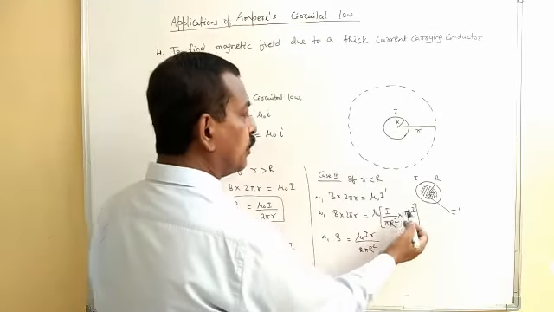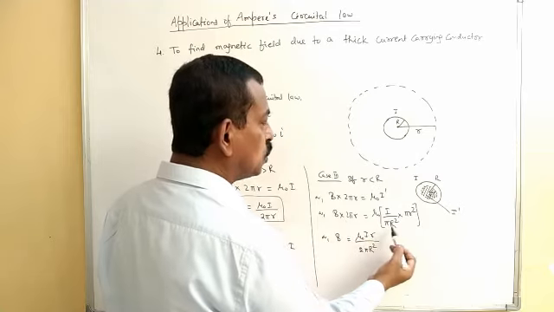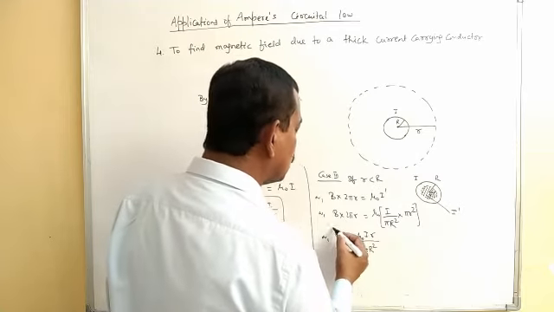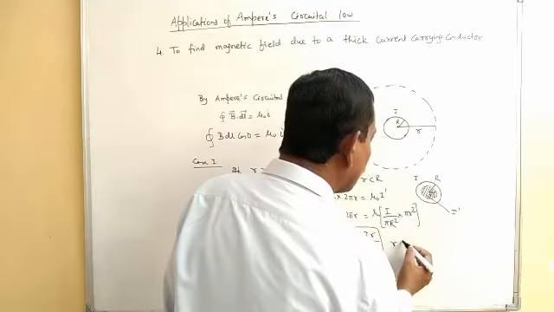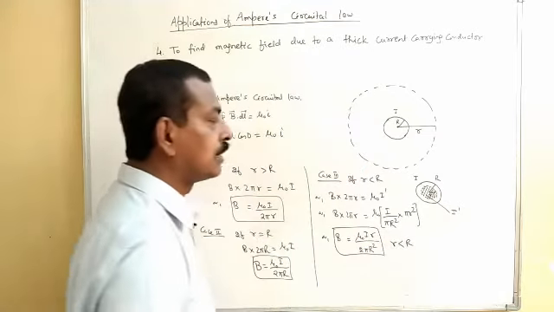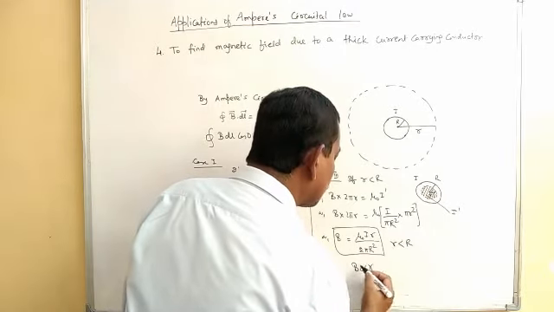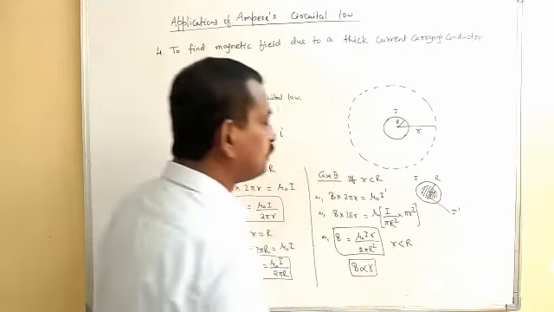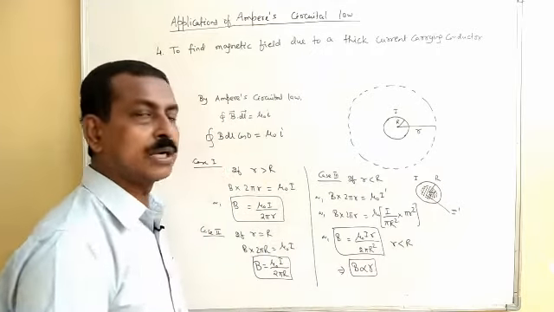Because this pi will get cancelled, it is mu naught I into r divided by 2 pi R square. So this is the expression for magnetic field when r is less than capital R, and B here is proportional to r. This indicates that B is proportional to r.